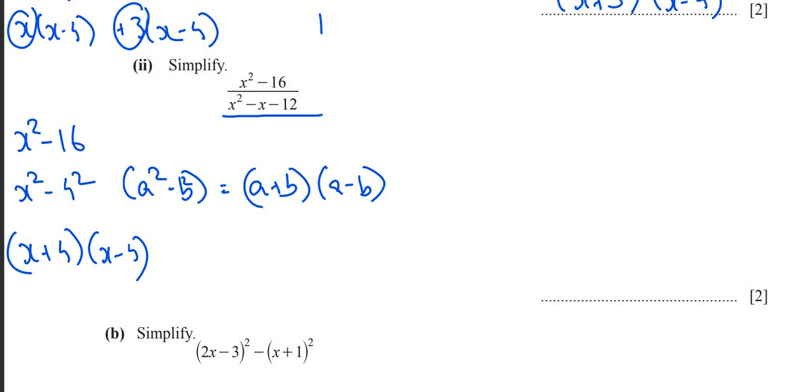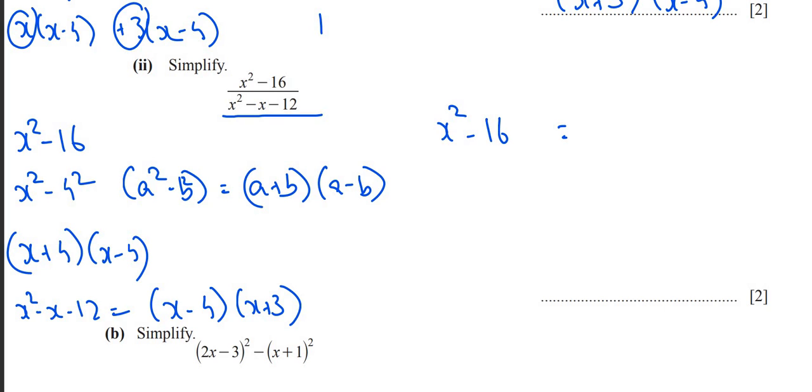And then we have to solve this. We already solved this. This is equals to x square minus x minus 12 is equals to basically x minus 4 and x plus 3. So instead of writing x square minus 16, I will write x plus 4 and x minus 4.